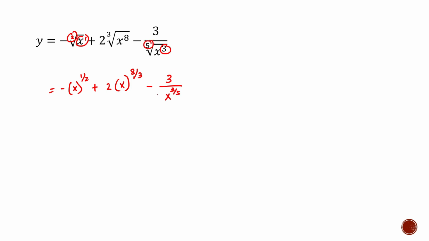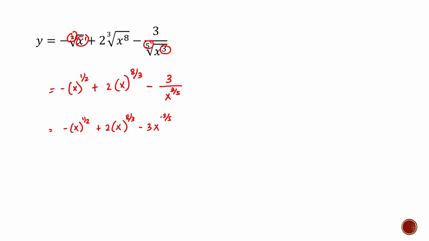And again, we want to make this a one-liner, so I will write again everything. So this is x raised to 1/2 plus 2x raised to 8 over 3 minus 3x raised to negative 3 over 5.